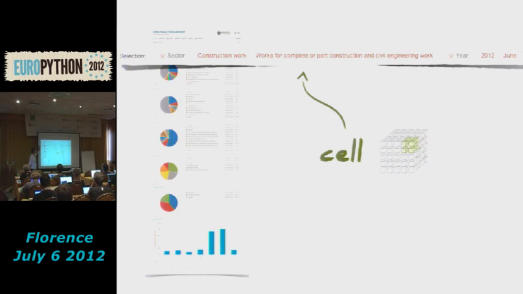So you have this kind of selection, and you are looking at construction work and some kind of construction work, and June in 2012. So this is description of the cell. So it can be considered some kind of multi-dimensional breadcrumbs. So where are you currently looking at in your data? If something is not clear, just raise your hand and ask.